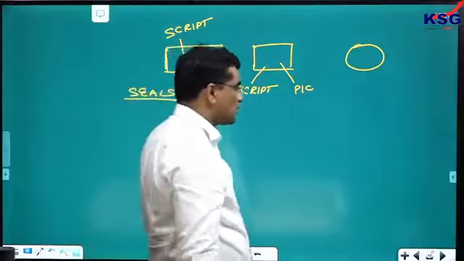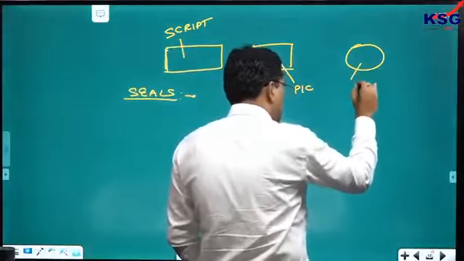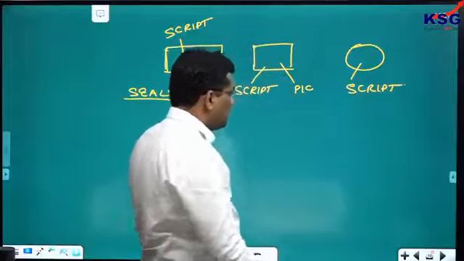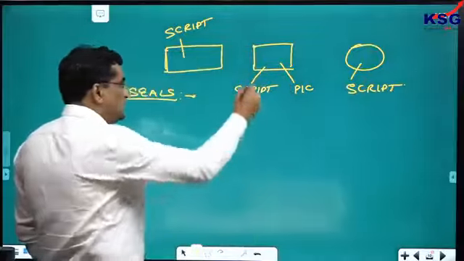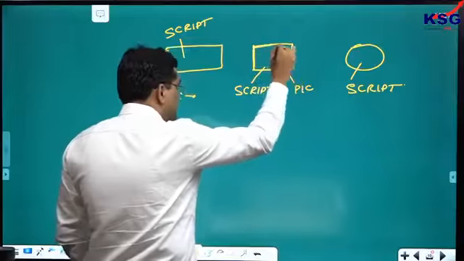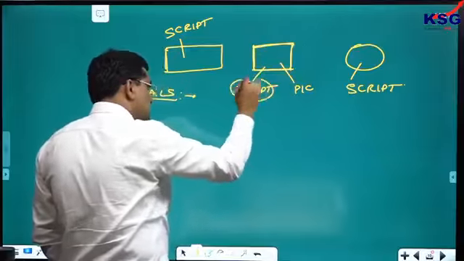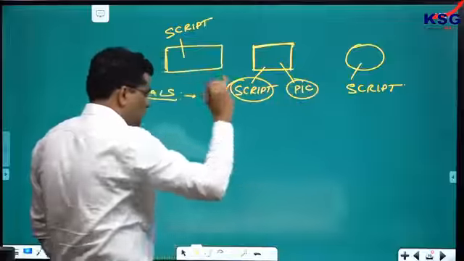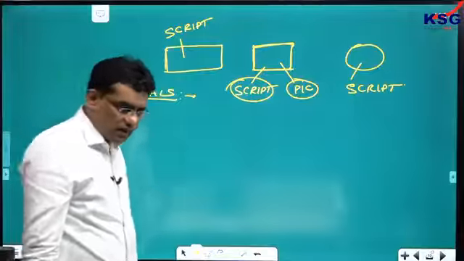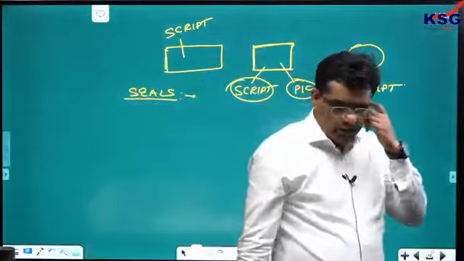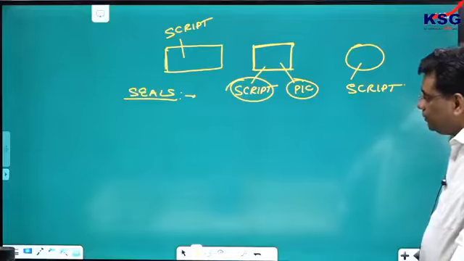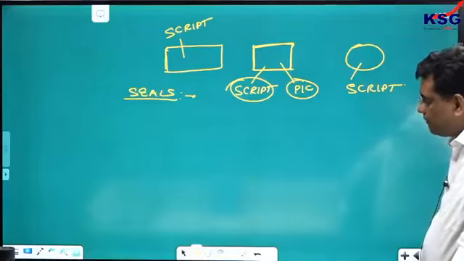And in the circular seal we have only a script. Obviously the square seal is more important, because we have writings there and at the same time pictures also. So this is the format of the seals.